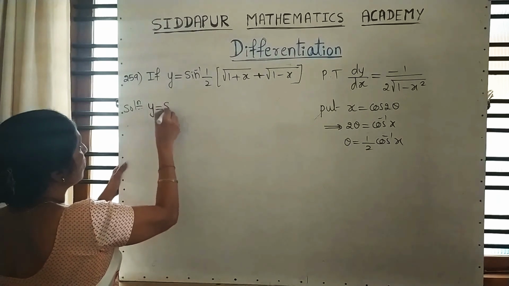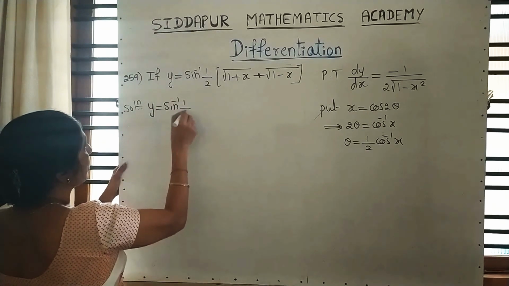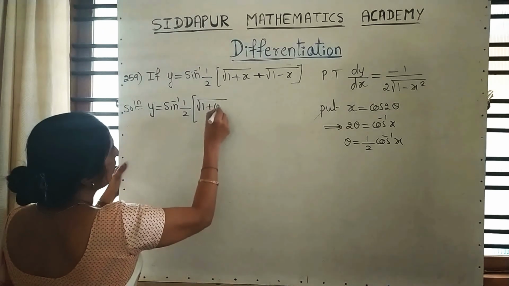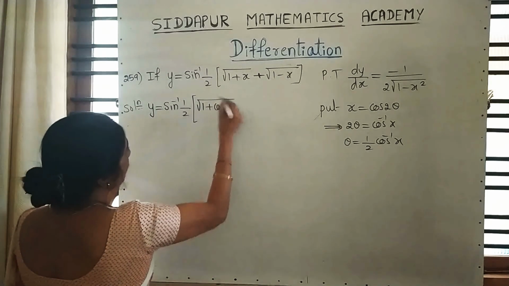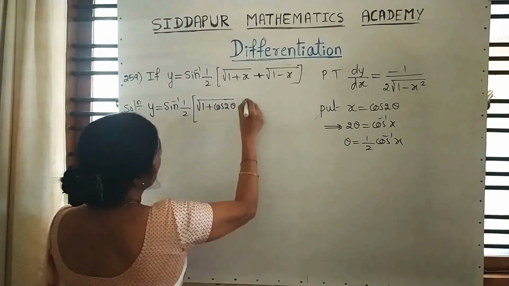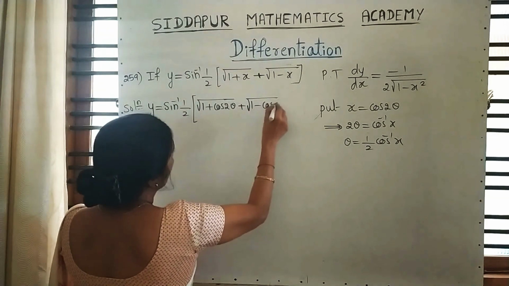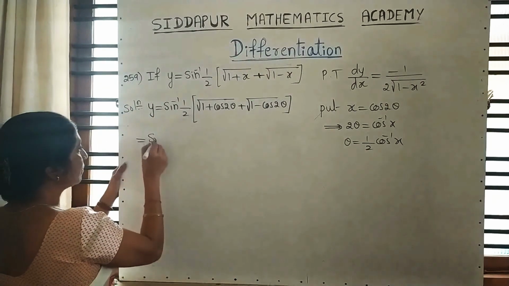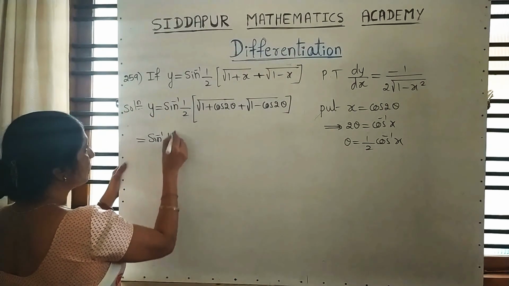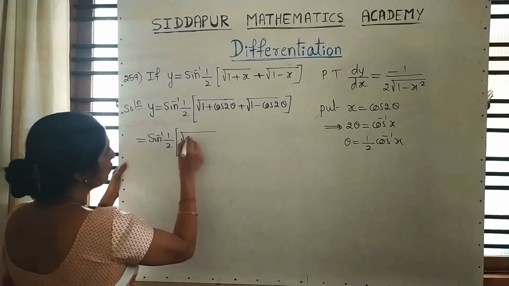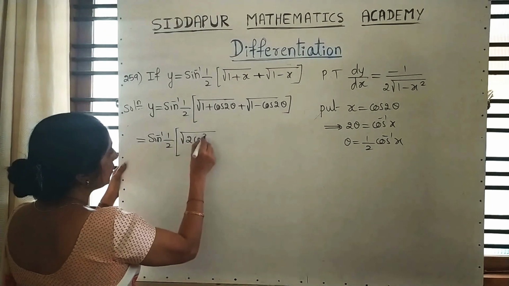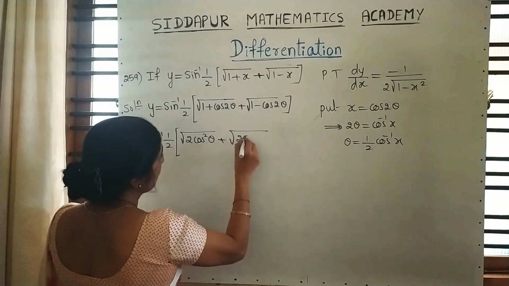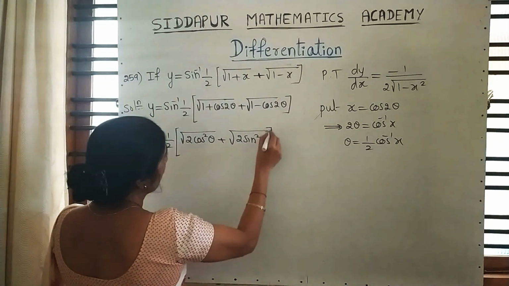y is equal to sin inverse of 1 by 2 root of (1 plus cos 2 theta) plus root of (1 minus cos 2 theta). 1 plus cos 2 theta is 2 cos square theta, and this is 2 sin square theta.